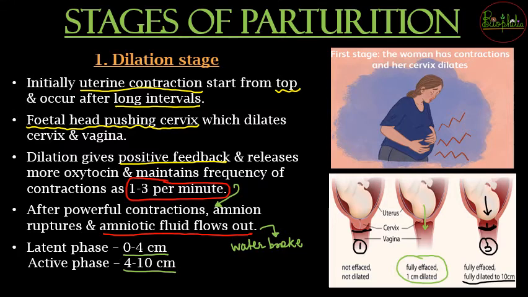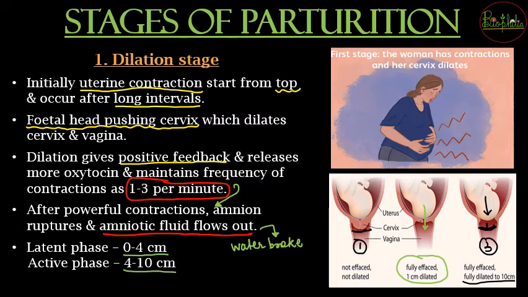Generally, if you look at the latent phase, it can last about 6 hours for a mother who is giving birth for the first time. It can be about 5 hours if the mother has already given birth previously. So if she is a new mother, it can be about 6 hours.